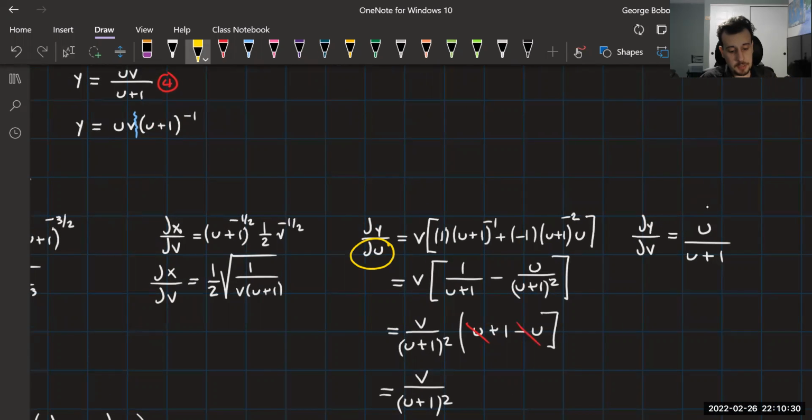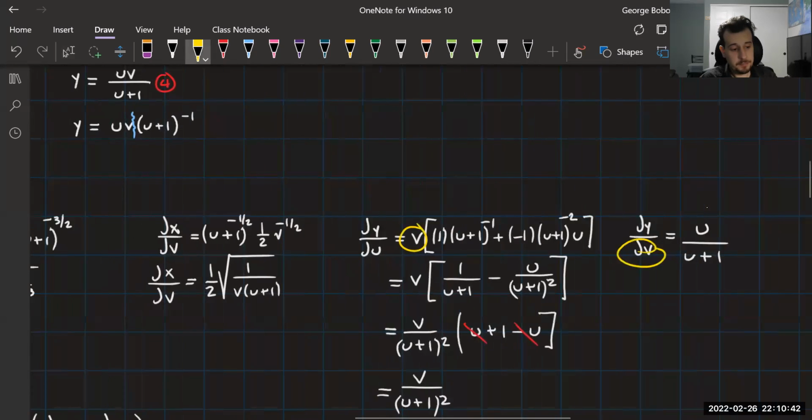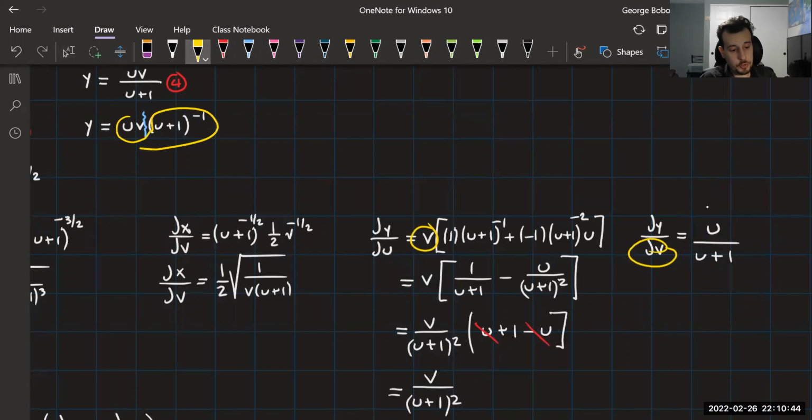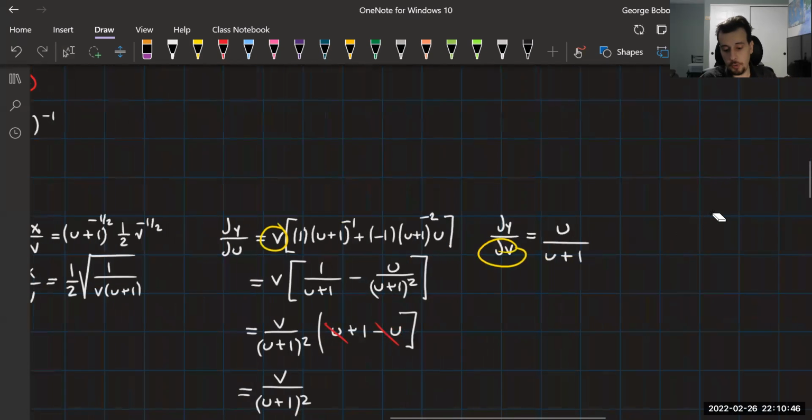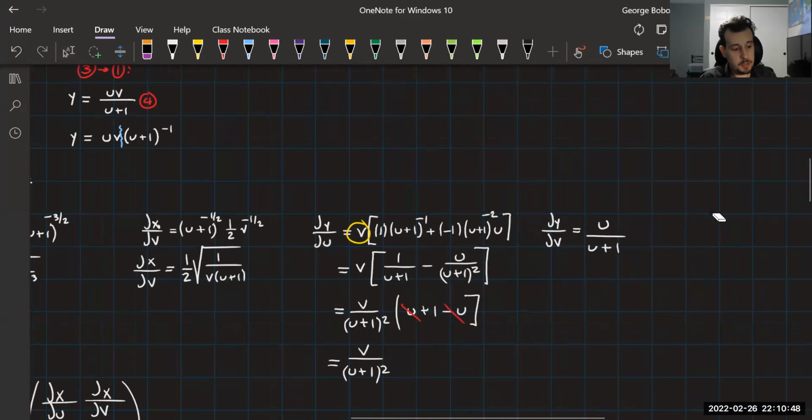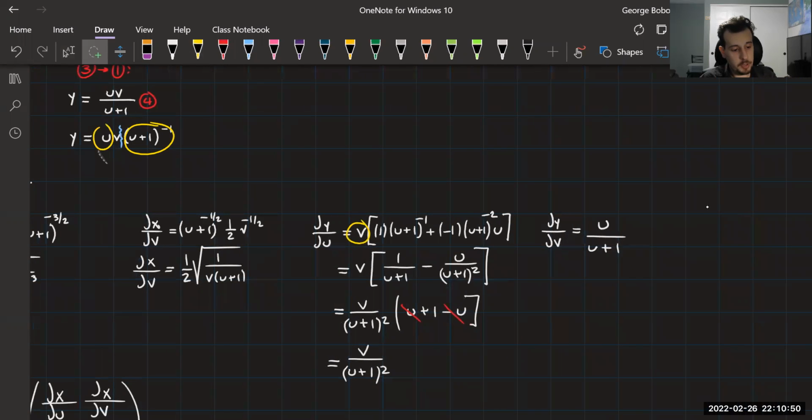And it's similar for the y. You can see now when I'm taking it with respect to u, these guys are getting hit, but this guy acts like a constant and stays at the front here. Similarly, when I take it with respect to v, it's the u's that don't get hit, right? So that's why you see me write u over u plus 1 immediately, because they don't get hit by the derivative.